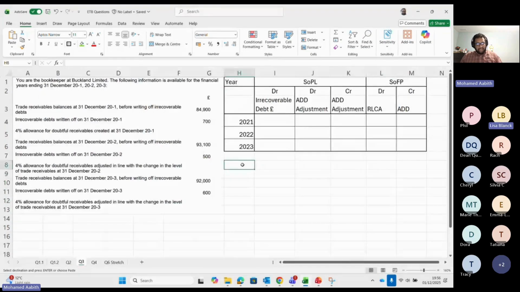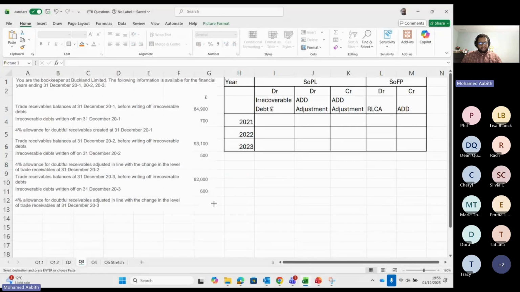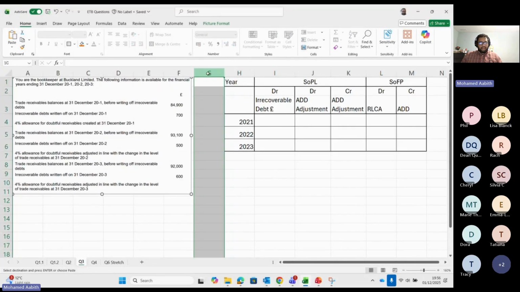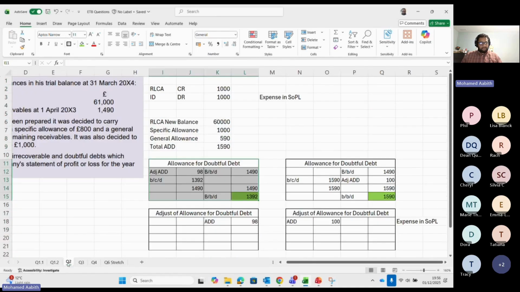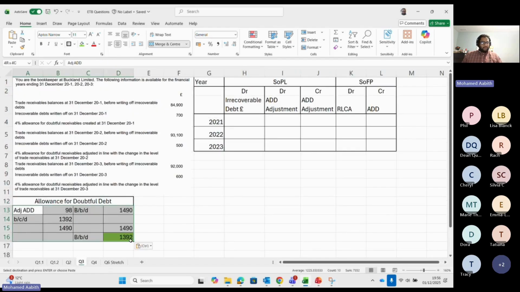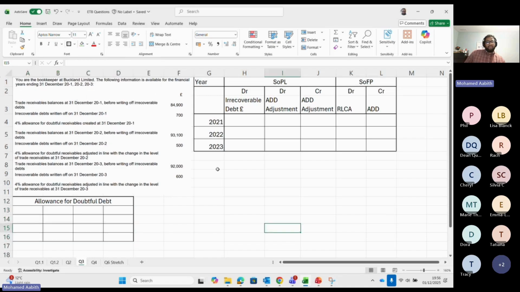So let me make this slightly smaller and get rid of this so I can do my T accounts here.